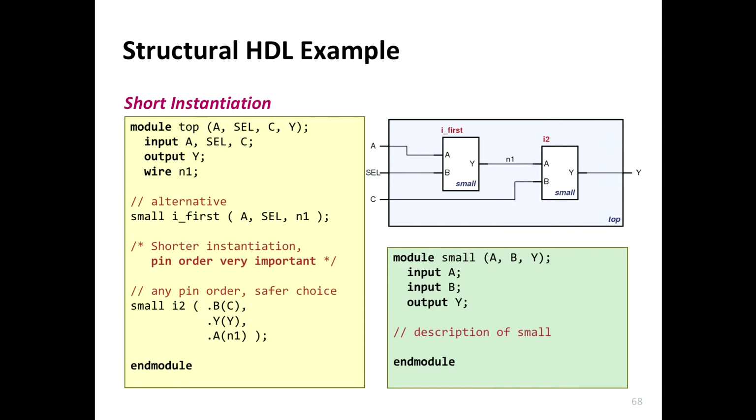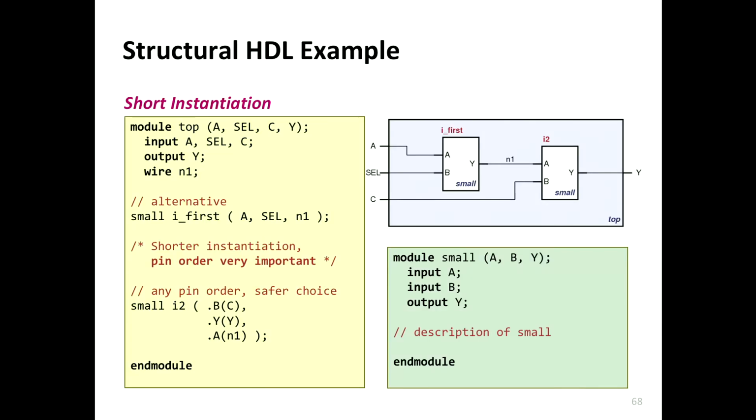The order in which you list these wires, A, select, and N1, has to be exactly the same order in which the module is written. So A will get connected to A, select will get connected to B, and N1 directly to Y. So both of them are correct. The named version is a safer choice because you don't have to remember the order. Both will work perfectly fine.